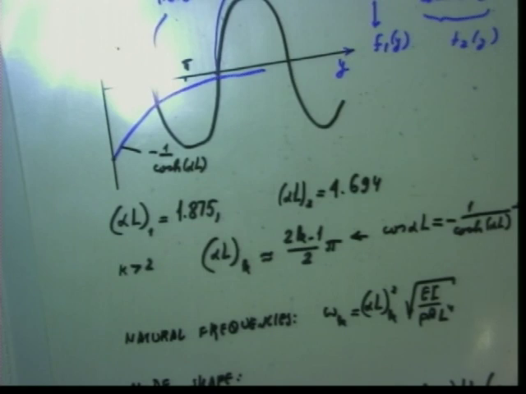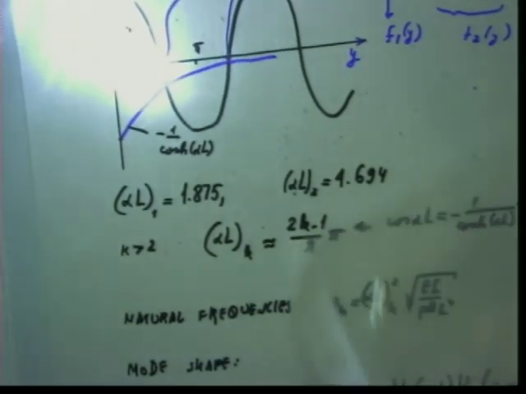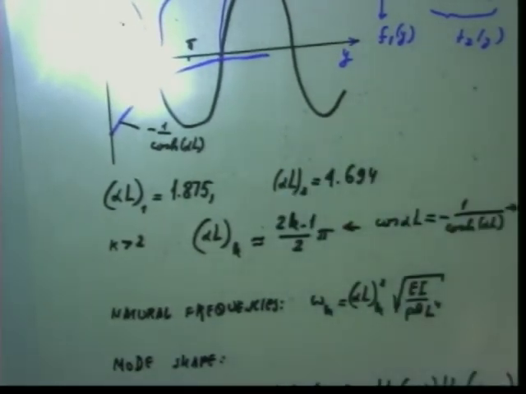Asymptotically means for big values of k. For big values of k, we get pi. For the simply supported case, we got pi not asymptotically, not only for high modes, but also for low modes. Any questions? Any comments?